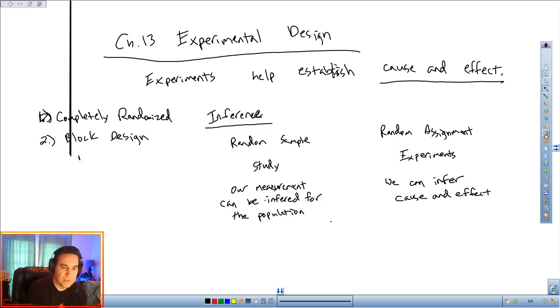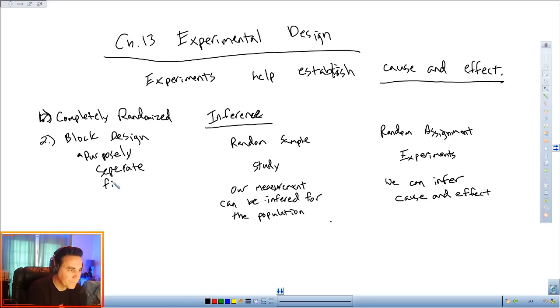Purposely separate first into groups, then randomly assign to treatments. Try not to hit my video over there. Okay, so purposely separate into groups first.